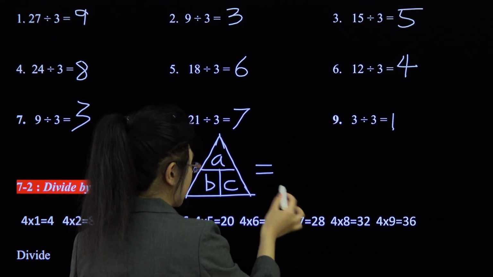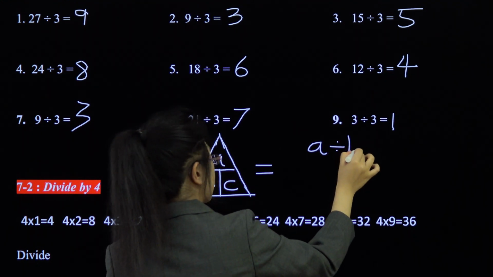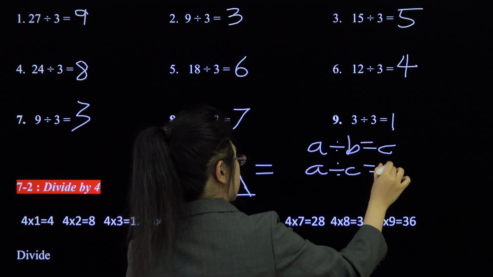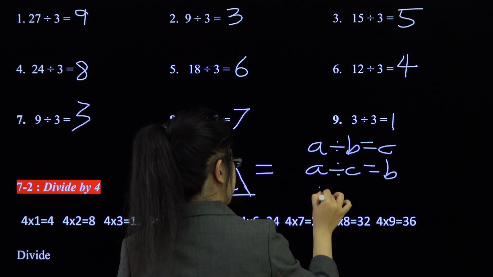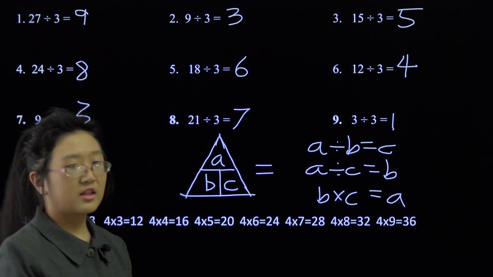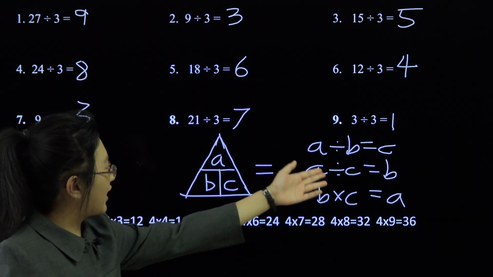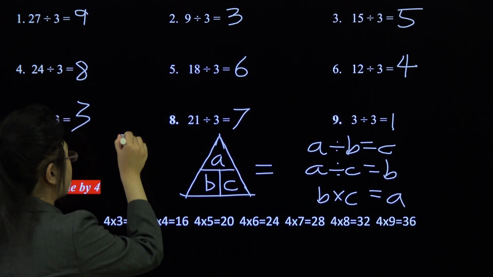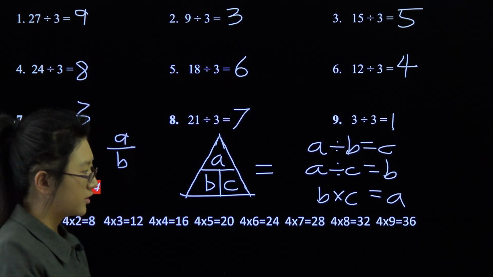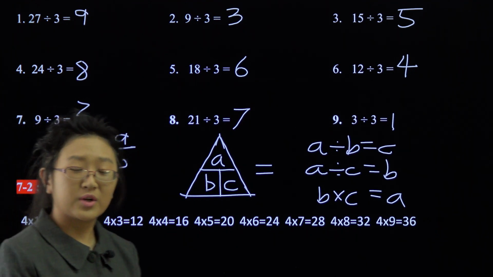And basically this means A divided by B equals C, A divided by C equals B, and B times C equals A. That's the basic relationship. Now you may be wondering, how did I get that from this? Because A over B is also a way of saying A divided by B. Yeah, division's weird like that.